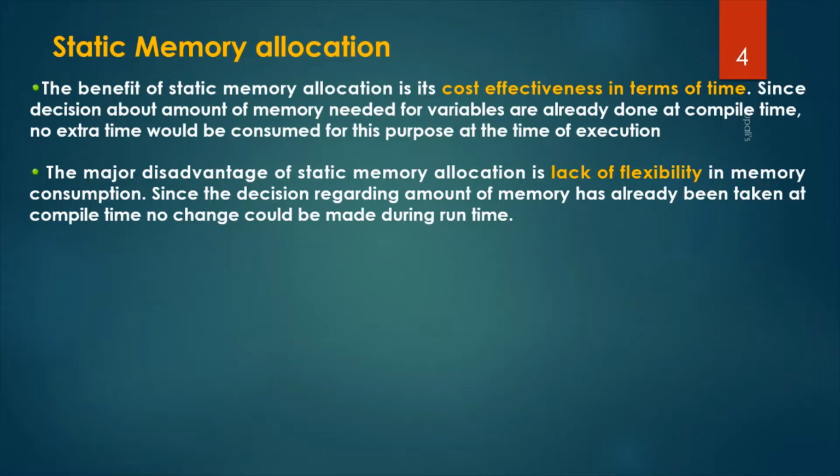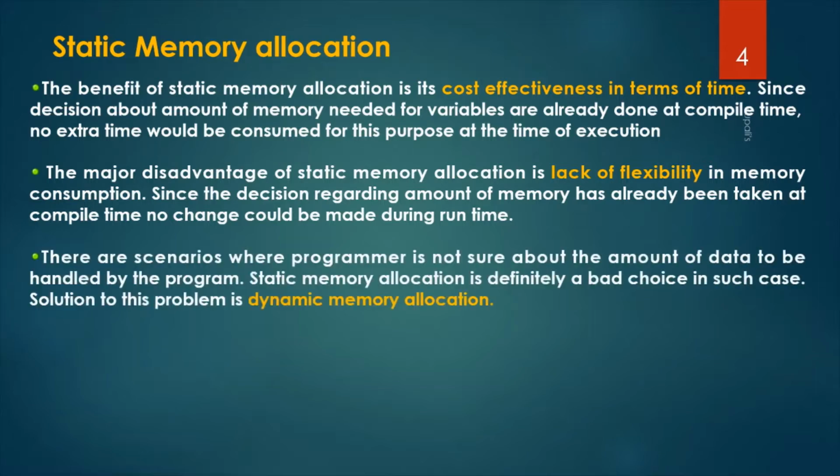Say, if we declare one integer array of 5 elements, then it takes 20 bytes in memory and it is decided at the time of compilation. So, we can't change the size of the array or the amount of memory allocation at the time of run or execution. That is the lack of flexibility of static memory allocation.